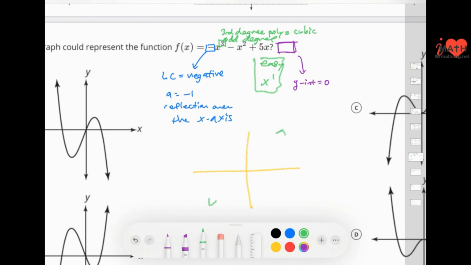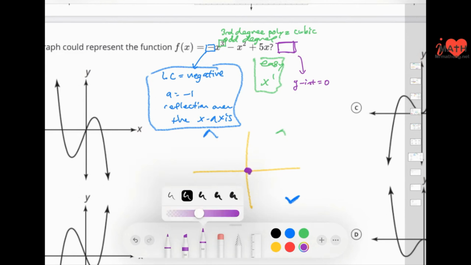But the leading coefficient here is telling me that it's switching. So we're looking at the blues now. And then a y-intercept of 0 is going to look something like this. Okay. So let me just go ahead and sketch that graph. I don't know, it might look something like this.